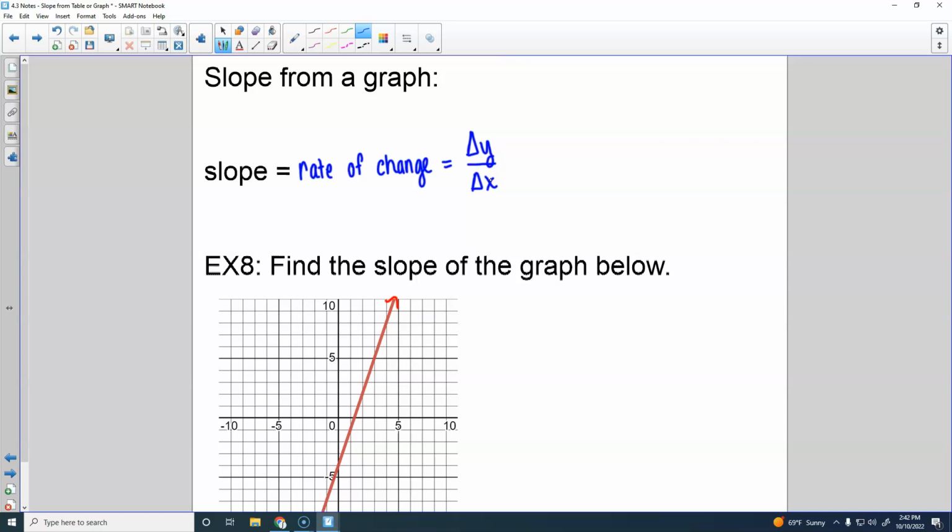Whenever you're looking on the graph, the y-axis, is it vertical or is it horizontal? It's vertical, right? So this is your vertical change over your horizontal change.